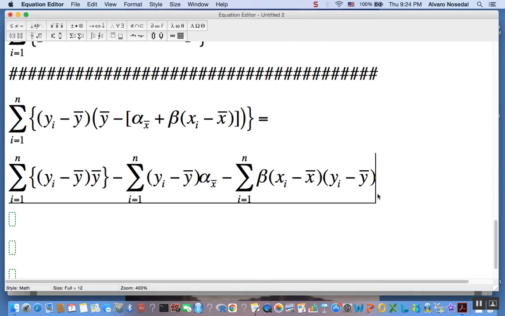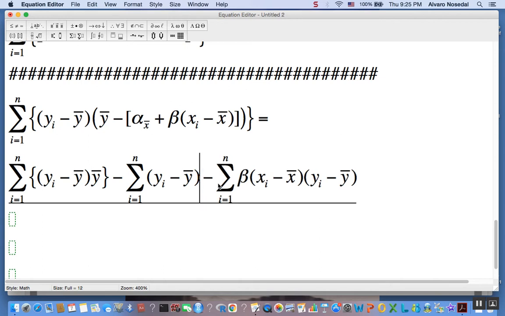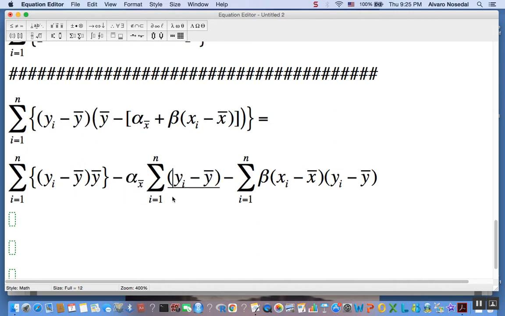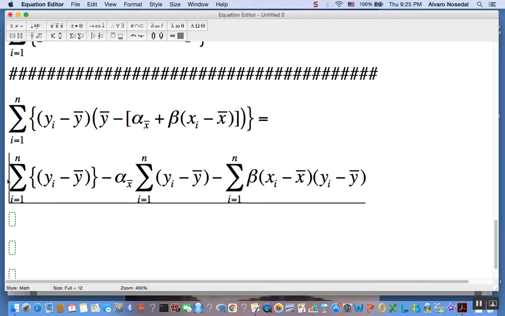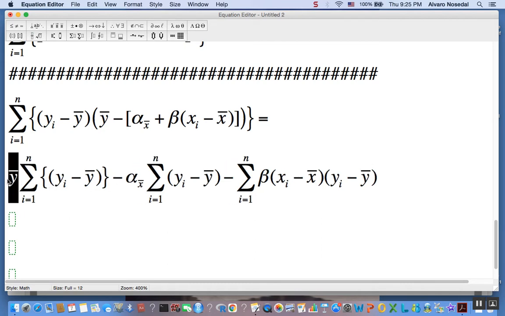There we are, right? Okay. So, we are almost there for that one, anyway. So note that this is a common factor. We can pull it out here, right? So, y bar is also a common factor. We can pull it out. There we are. Okay. Now, let's pay attention to this guy, yi minus y bar.